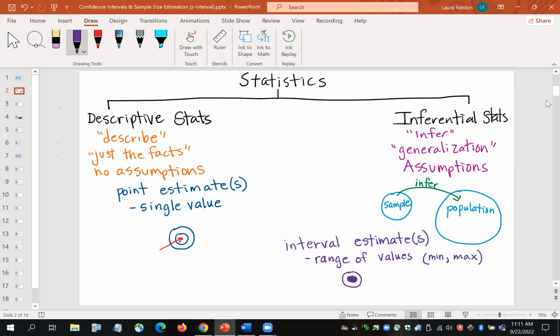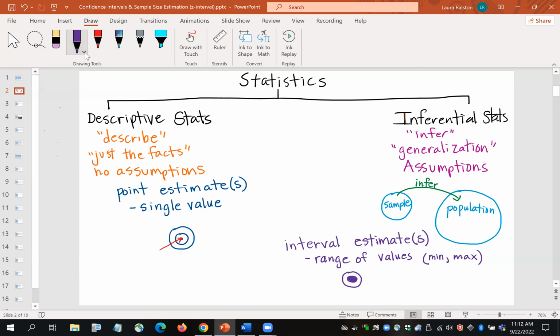Okay, so it gives you some wiggle room. And there are reasons why you would want to do that, why we would want to use a point estimate versus an interval estimate. I'm going to give you some examples a little bit later of where it's used in the real world, so that you can kind of see where we would think about using an interval estimate as opposed to just a point estimate.